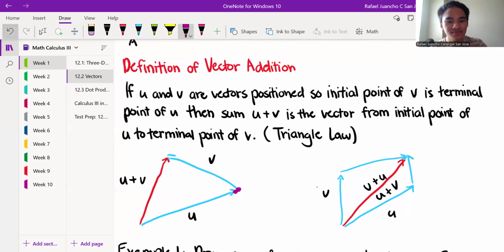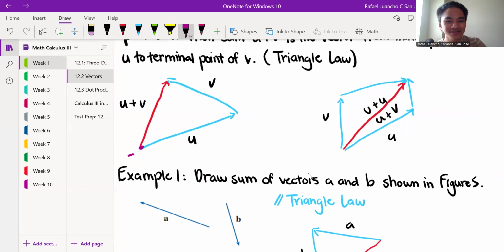Then the sum is u plus v. So we can do that Seattle-Bothell thing again. So this could be Seattle, this could be Bothell, this could be Tacoma. We could go to Seattle, Tacoma, then to Bothell. We could go Seattle to Bothell.